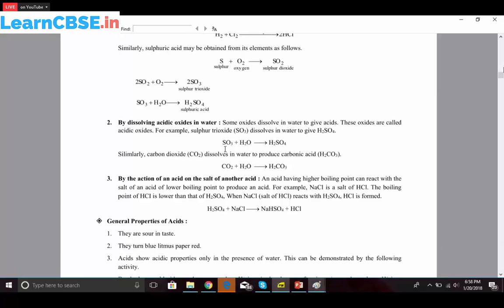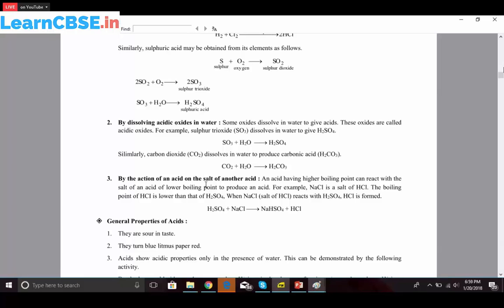S is the non-metal which combines with oxygen, so this is a non-metallic oxide. When we dissolve it in water, we get H2SO4, which is nothing but sulfuric acid. Similarly, carbon dioxide, CO2. Carbon is the non-metal which combines with oxygen. Carbon dioxide, when dissolved in water, produces carbonic acid, H2CO3.